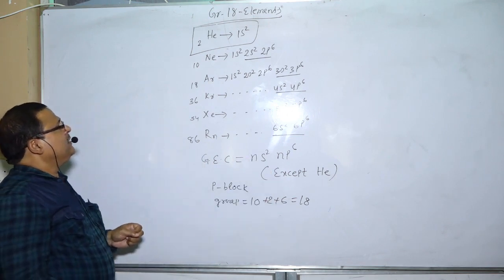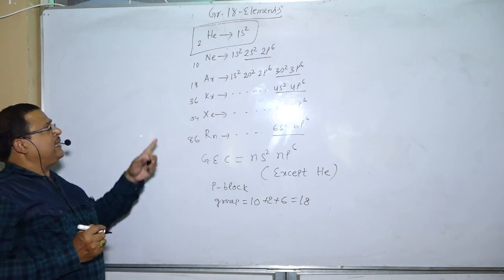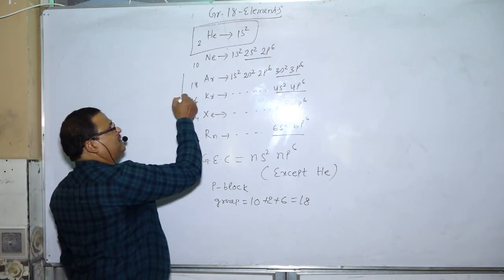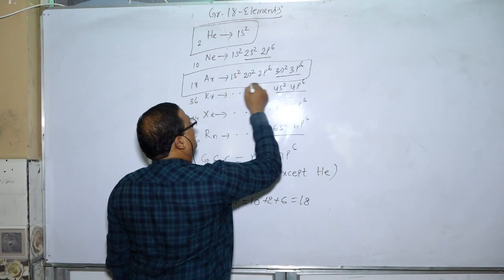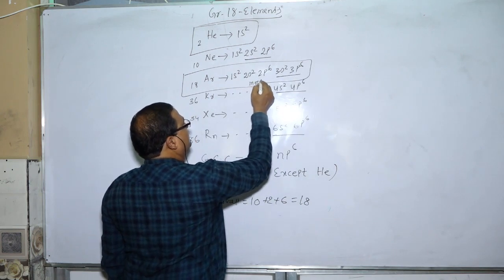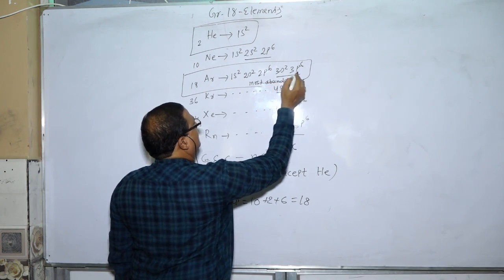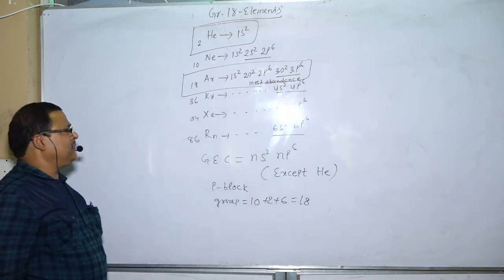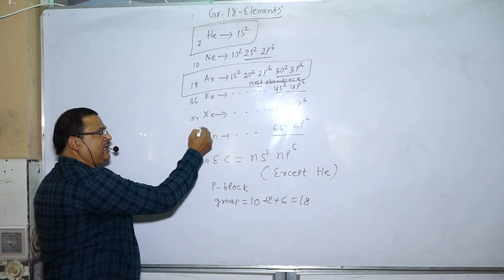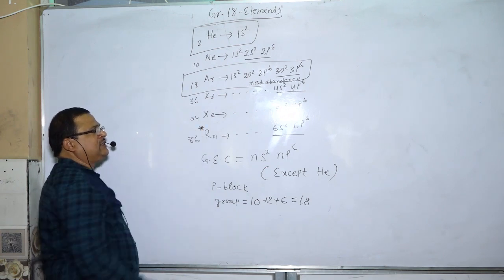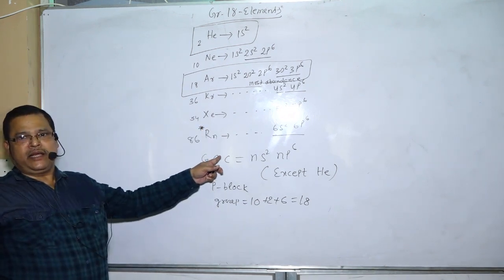And regarding the abundance in nature, argon is the most abundant in the atmosphere, and radon is treated as a radioactive element.